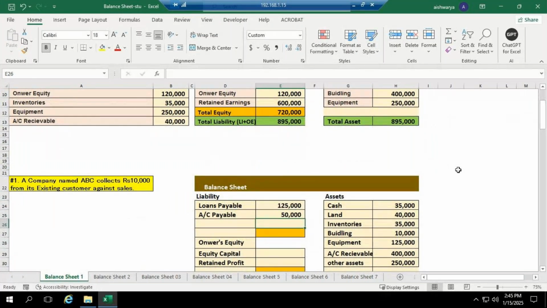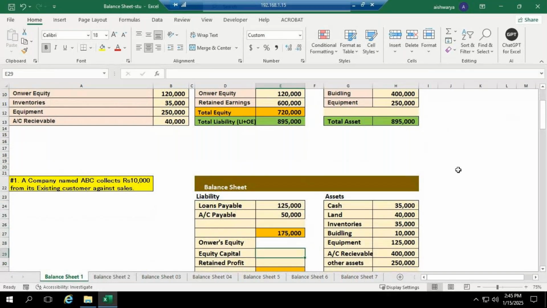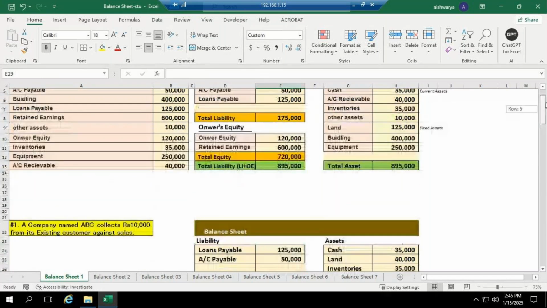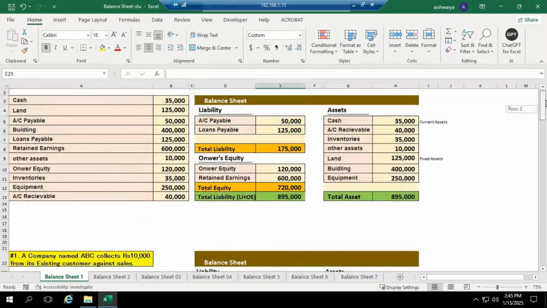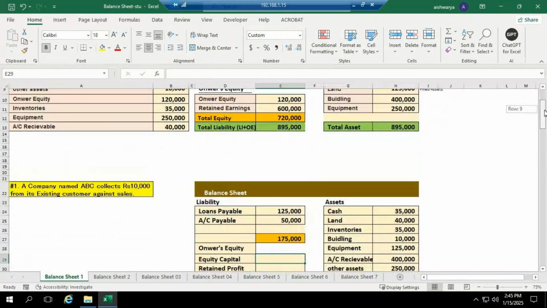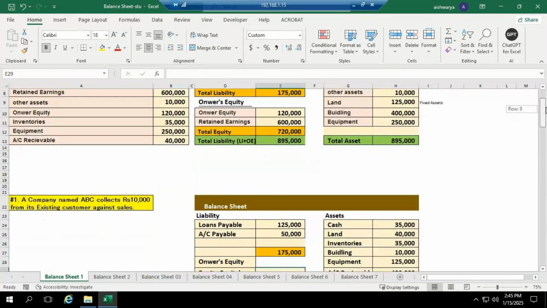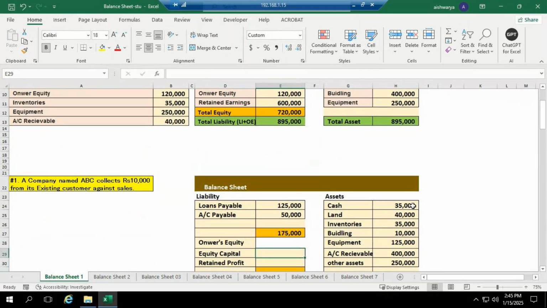Okay. So now equity capital. That means the owner's equity and the retained earnings. So 1,20,000 and 6 lakhs.